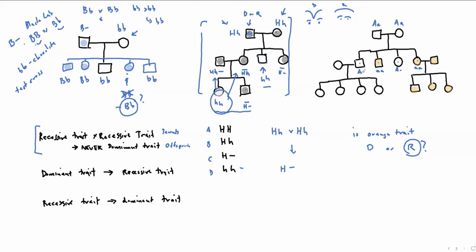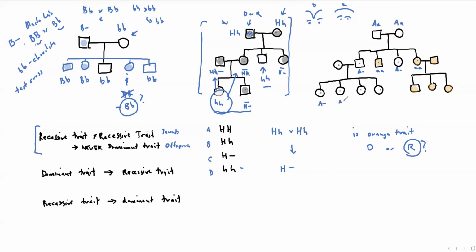But maybe we can get some information from this parent, right? About this parent by looking at its offspring, okay? But we look at that guy and we're saying, yeah, this guy has a dominant trait. It mates with a dominant partner and all of its offspring are dominant. Okay? In other words, no more information.